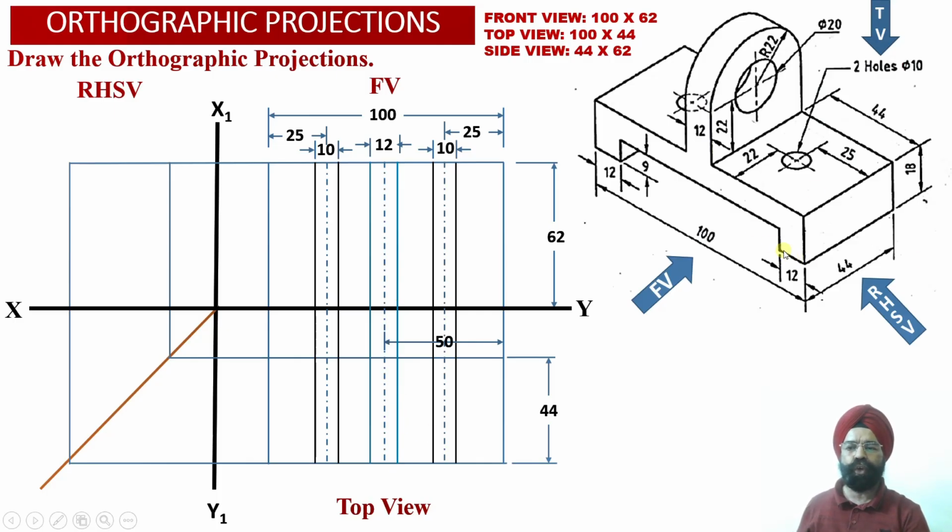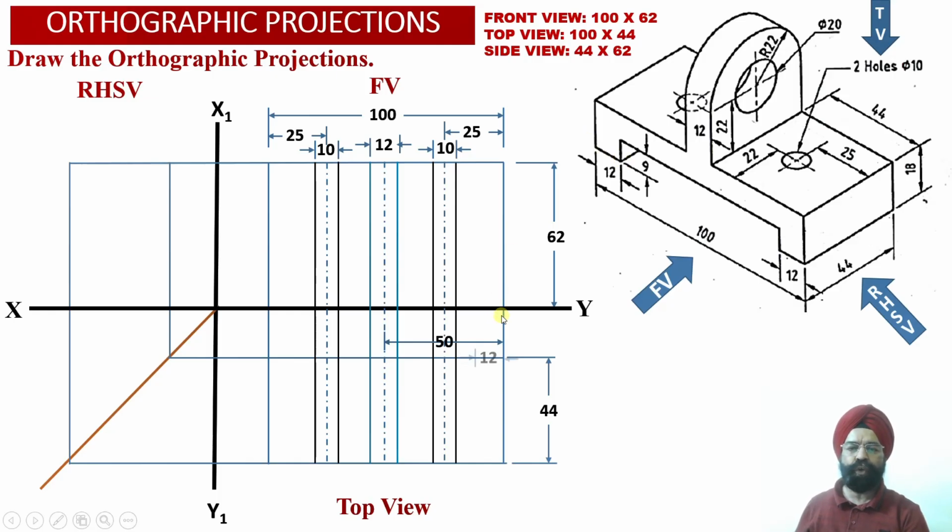And next we also know that in this element number 1 we have a rectangular slot which has been provided at the base of the solid over here. The thickness of the right hand side web of this element number 1 is equal to 12 millimeter. Similarly, the thickness of the left hand side web of element number 1 is also equal to 12 millimeter.